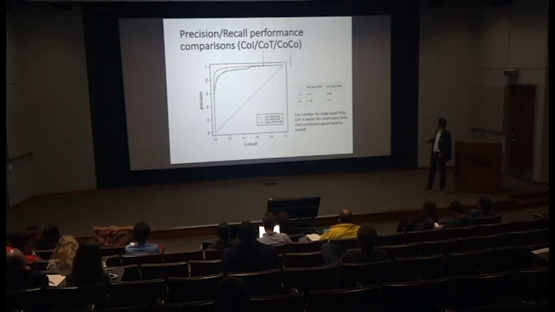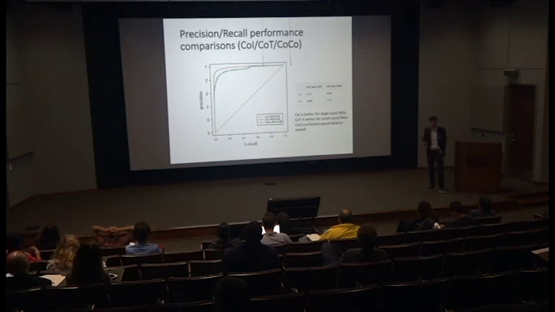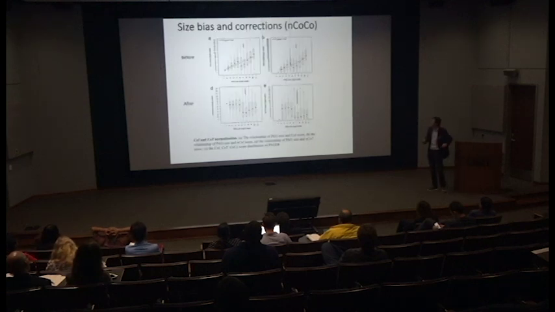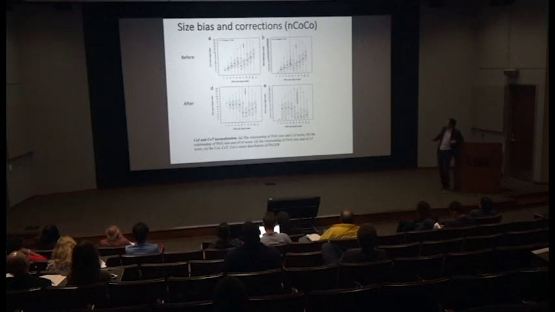CoT may be slightly better when the size is small, and CoI is better when the size is large. But when we put them together, the performance is better than each of the individual ones.